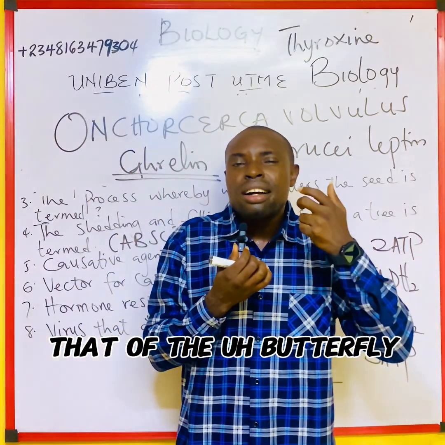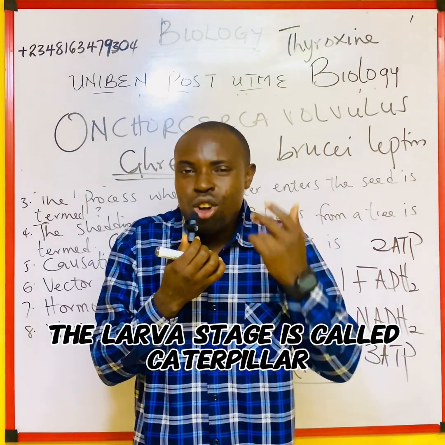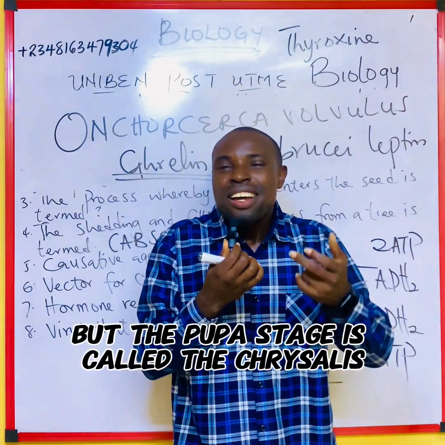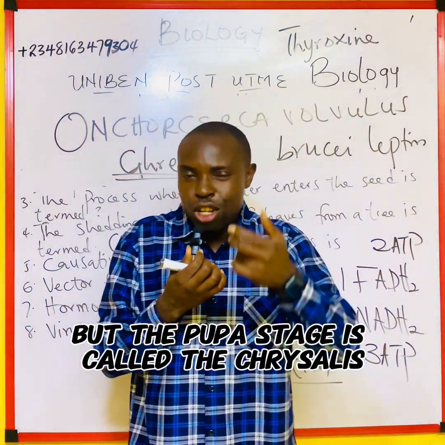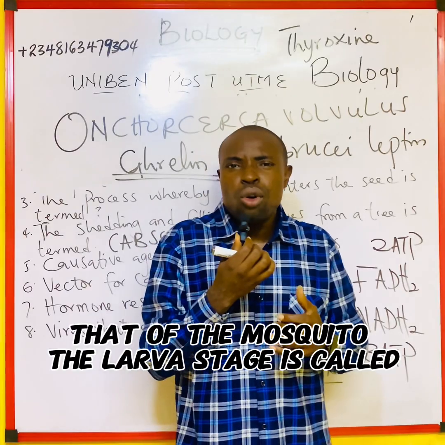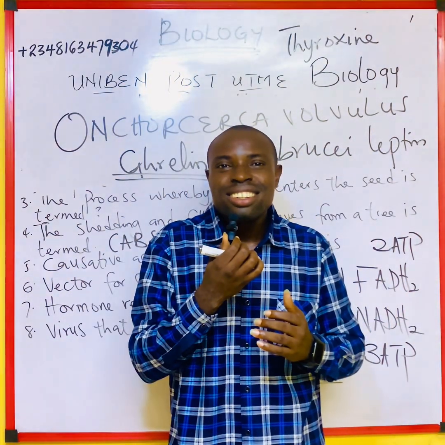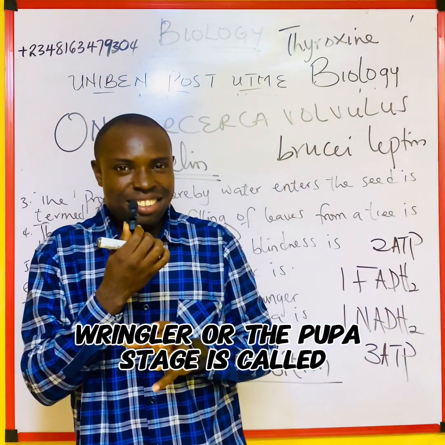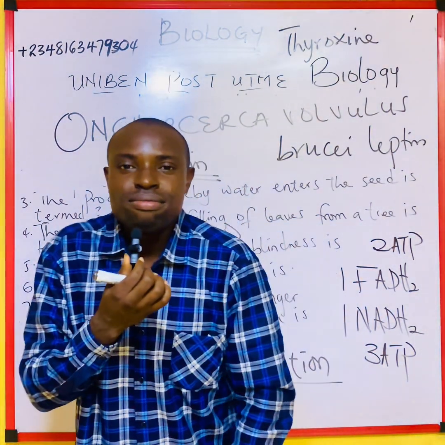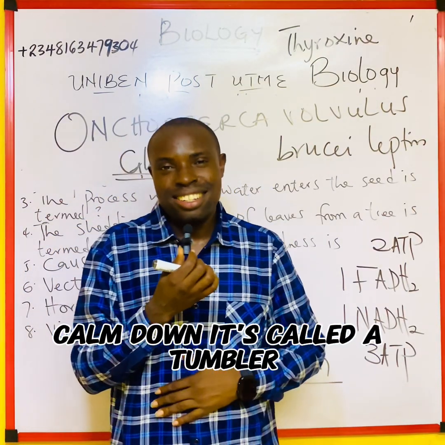That of the butterfly, the larva stage is called caterpillar, but the pupa stage is called the chrysalis. That of the mosquito, the larva stage is called wriggler, but the pupa stage is called a tumbler.